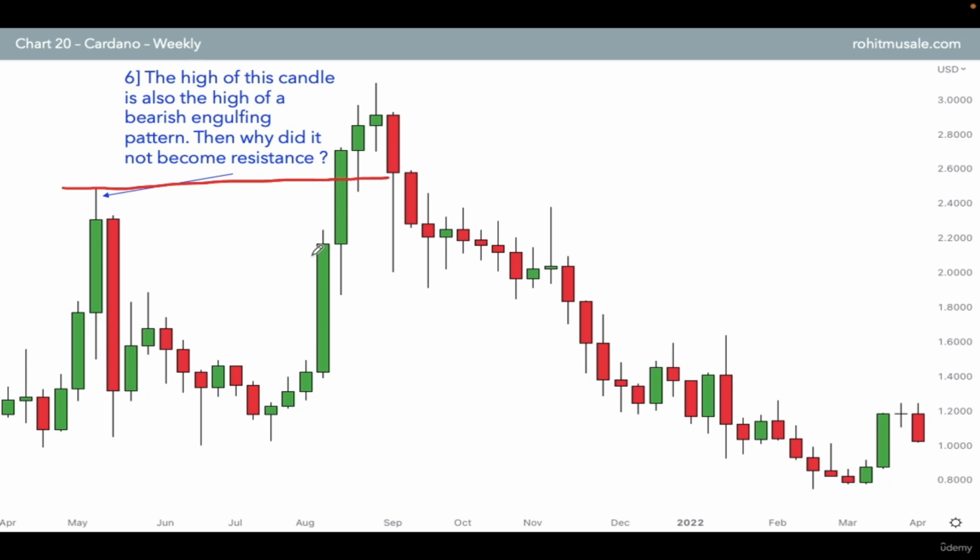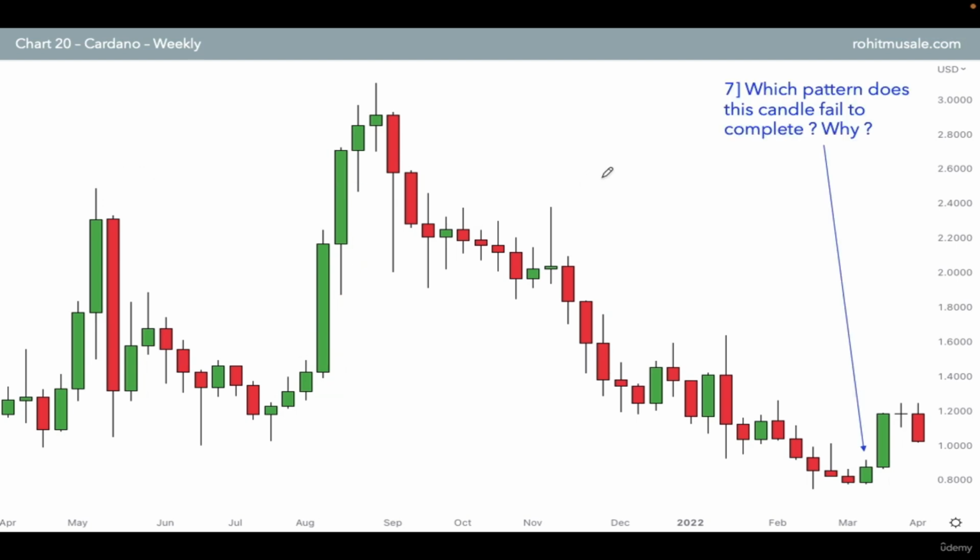And that happens in the market. The markets are random. Sometimes the volatility increases, sometimes some good news comes in the market and the price just gets pushed upwards. So it's not that it has not become resistance. It has become resistance, but it was broken very quickly.